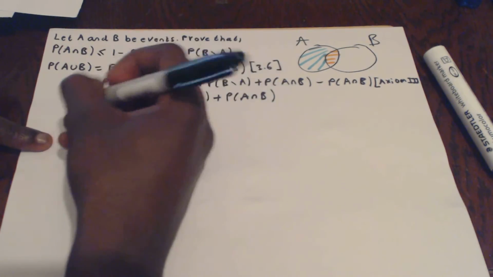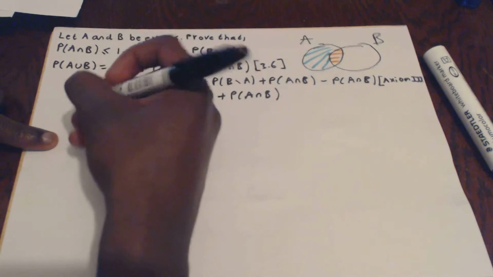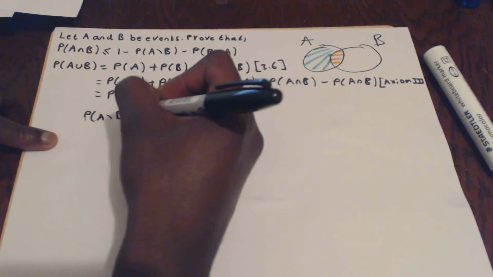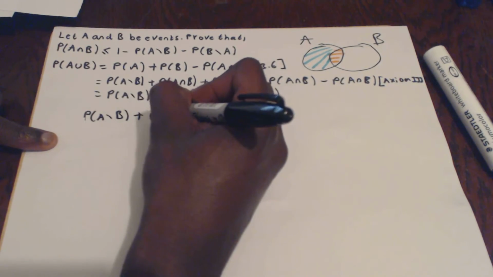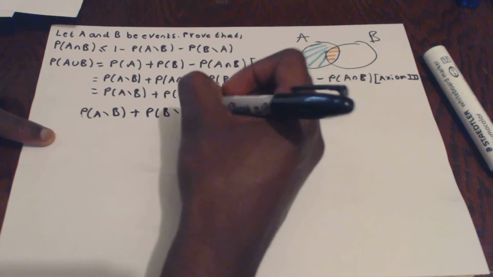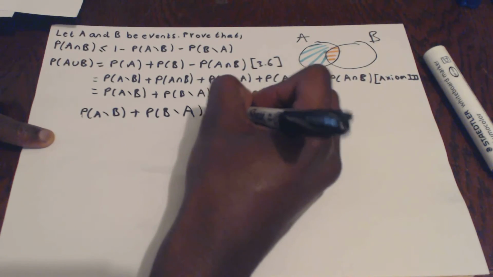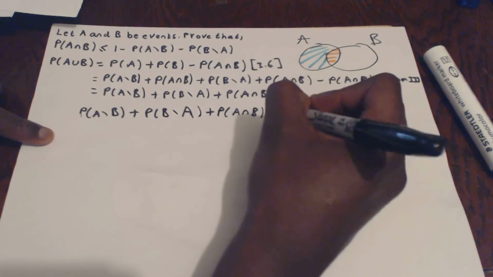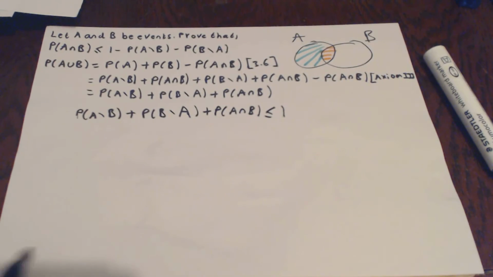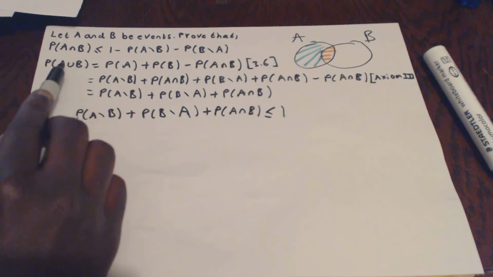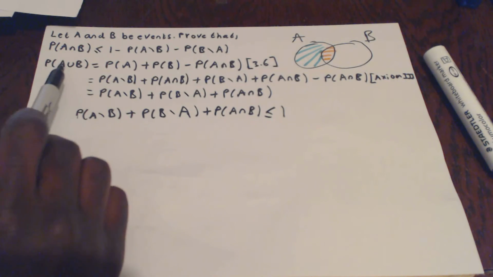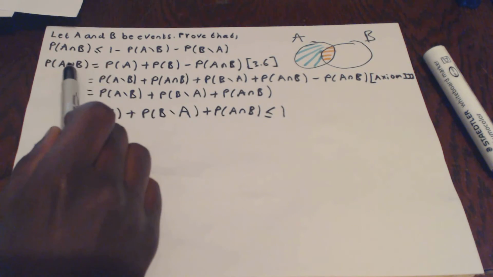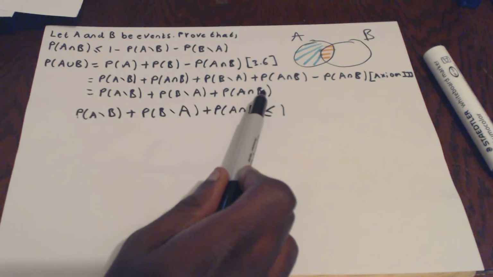So we have that the probability of A set difference B plus probability of B set difference A plus probability of A intersection B is less than or equal to 1. Again, just to repeat that, we know A union B is less than or equal to 1 by 3.3 because A union B is just an event. Since A union B is equal to all of this, if this is less than or equal to 1, this also must be less than or equal to 1.